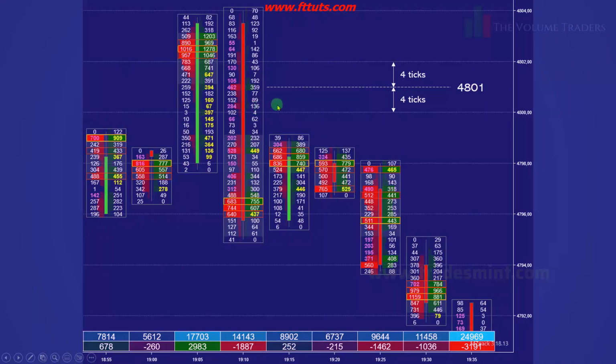Yeah, so each tick is worth 25 cents of price difference. So for example, at the round number 4800, there were 102 sell contracts versus 284 sell contracts. Yeah, so it shows the quantity of sellers and buyers which already joined the market.